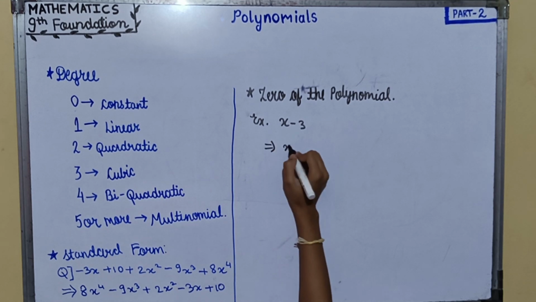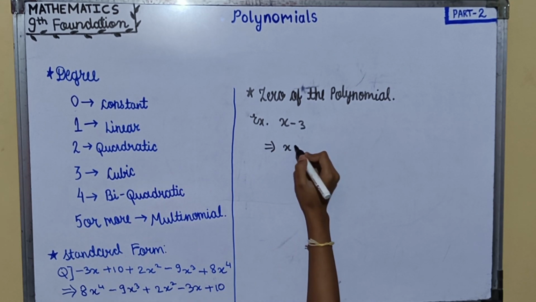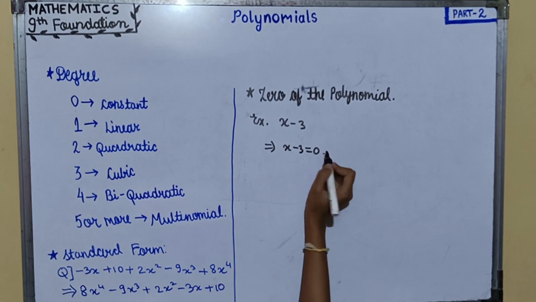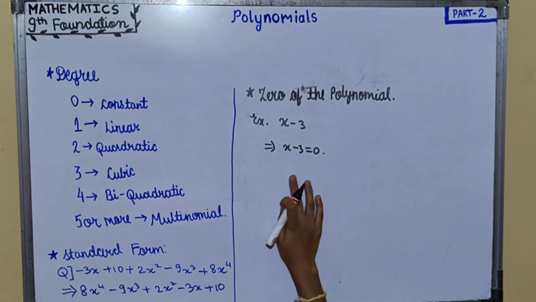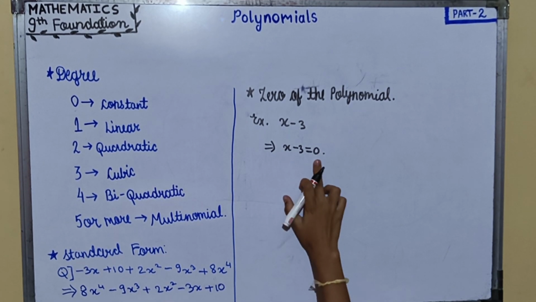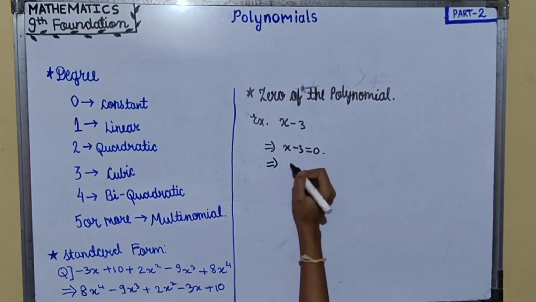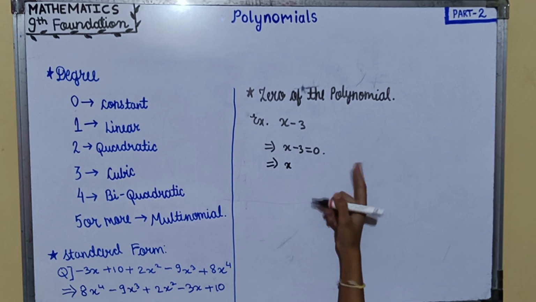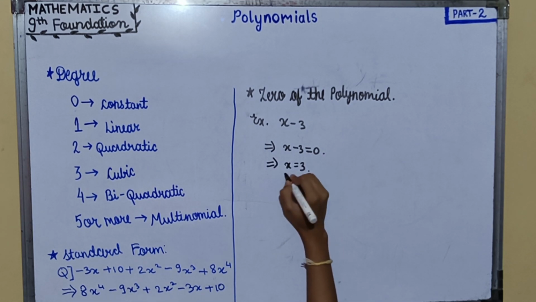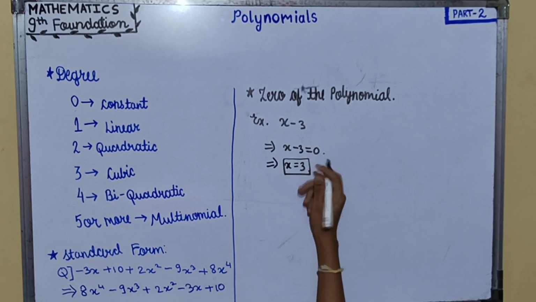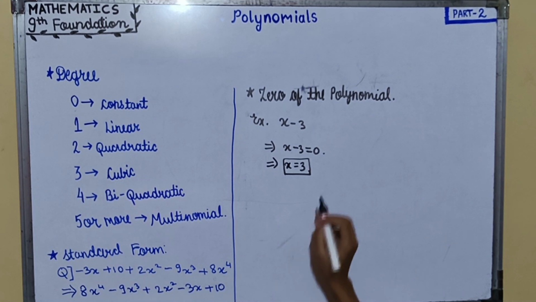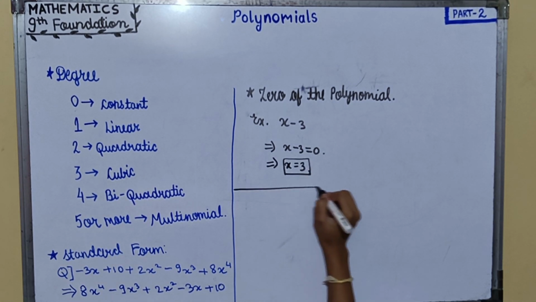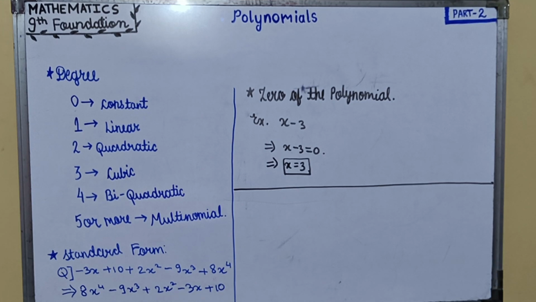So first we'll equate this to 0, x minus 3 equal to 0, and we have to find the value of x. By transposing minus 3 to RHS, it will get plus 3. So x will be equal to 3. We have to find the value of the variable after equating it to 0. Then the maximum number of zeros of a polynomial is equal to the degree of the polynomial.